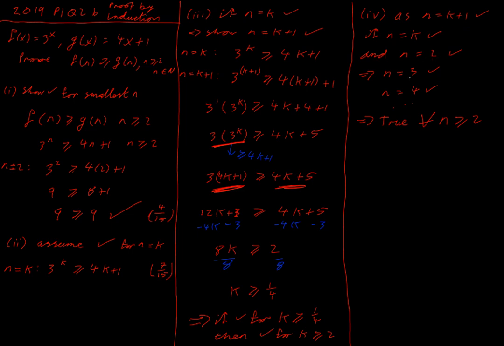Therefore, it must also be true for the next consecutive value of n, which would be 3. And if it's true for 3, therefore it must also be true for the next consecutive value of n, n equals 4, and so on forever. Therefore, it's true for all. Remember, our upside down capital A means for all, but you can just write for all in your English. Therefore, it's true for all values of n greater than or equal to 2.